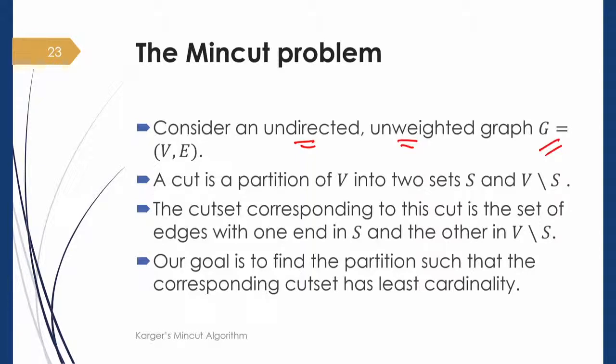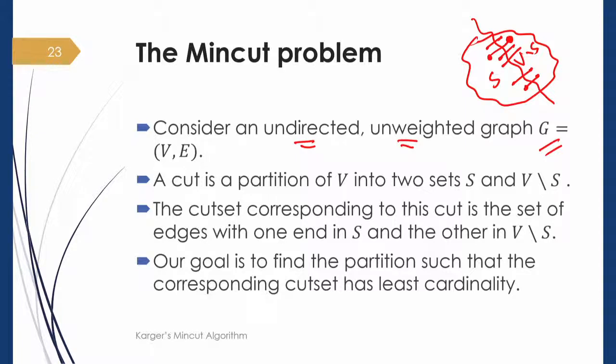A cut is simply a partition of the vertex set into two sets. So, if this is your set of vertices, a partition into set S and V minus S is a cut, and the cut set corresponding to this cut will be the set of edges with one end in S and the other end across the cut in V minus S. All these edges that go across the cut comprise the cut set.